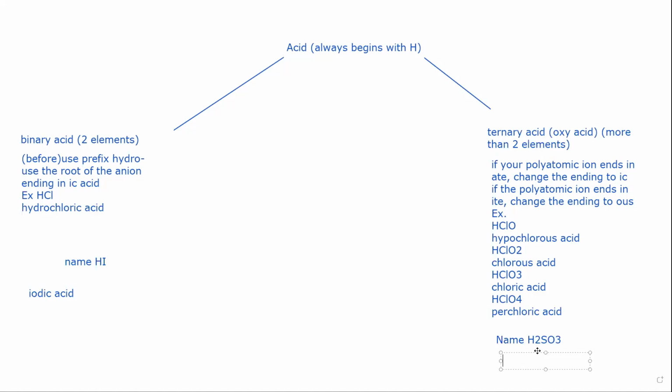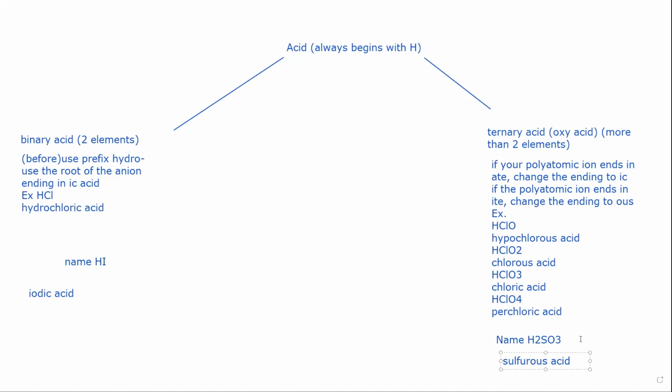Not sulfuric, because sulfate is for sulfuric. What is this one? It's not sulfate. It's... see, if I actually write it down, yes, it is sulfite. So what does it say? If it's ite, change it to? Yes, very good. That is the name. Sulfurous acid, okay?